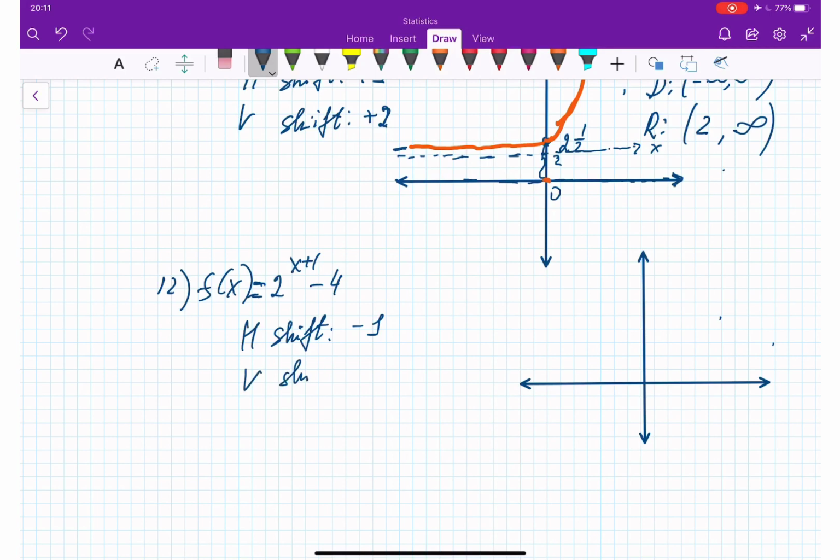Vertical shifting, it's going to be -4. So when x is equal to 0, we get 2 to the power 0 plus 1 minus 4. It's going to be 2 minus 4 is equal to -2.